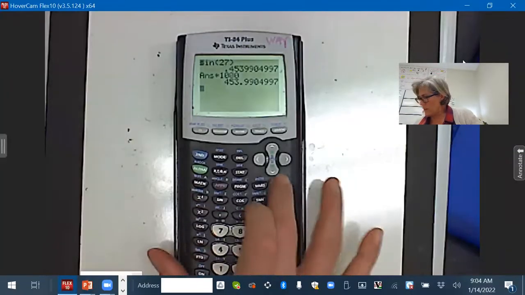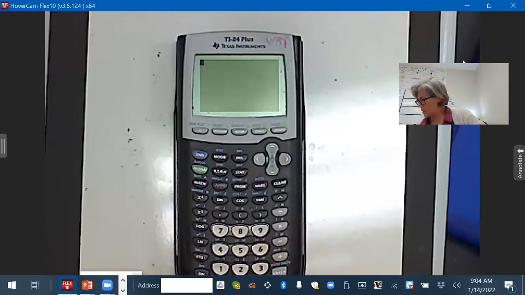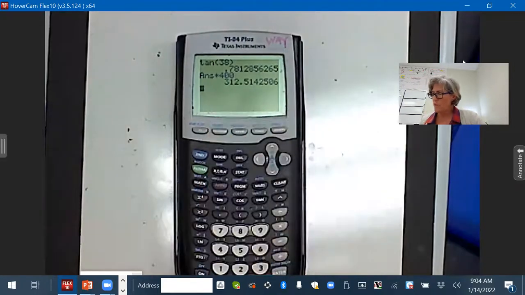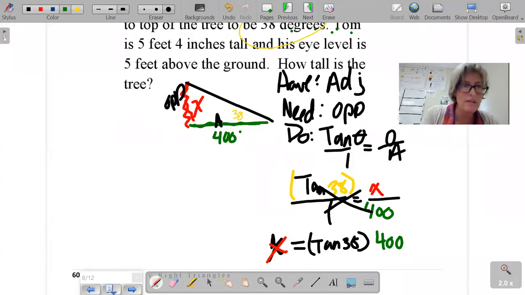So right here, friends, you should have done tan 38, enter, times 400, enter, and we get 312.51. That is not the height of the tree.